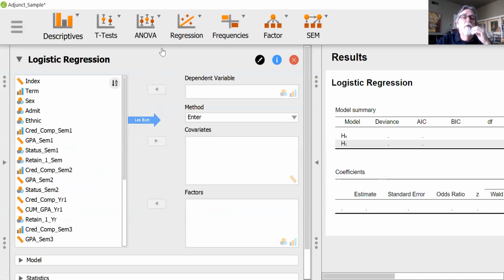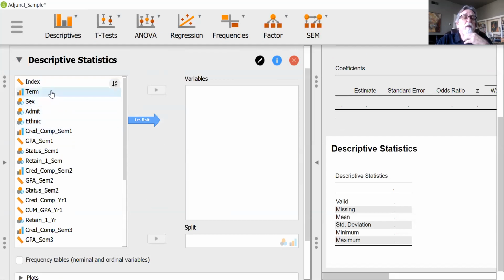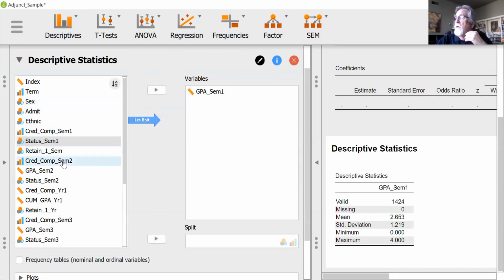We're going to run descriptive statistics. We'll look at GPAs the first semester and cumulative GPA at the end of year one.